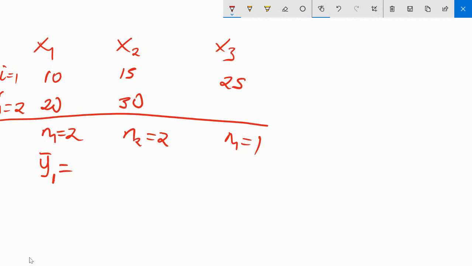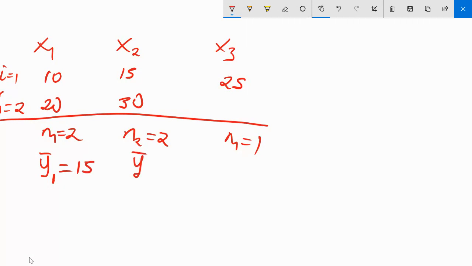Now I also want to calculate the mean for this, which is Y bar 1. Y bar 1 here is going to be 15, because remember, y bar is the summation of yi divided by n. We only have two observations here, so we add them and divide by 2. So it's 15. We do the same here.